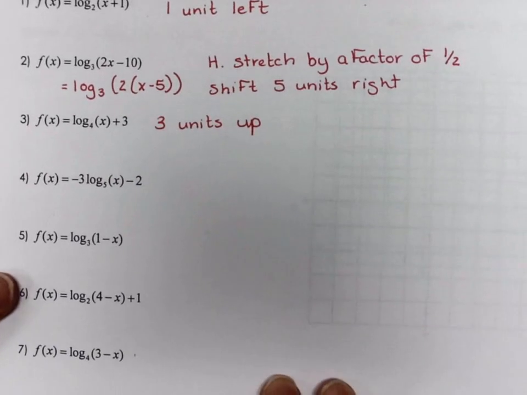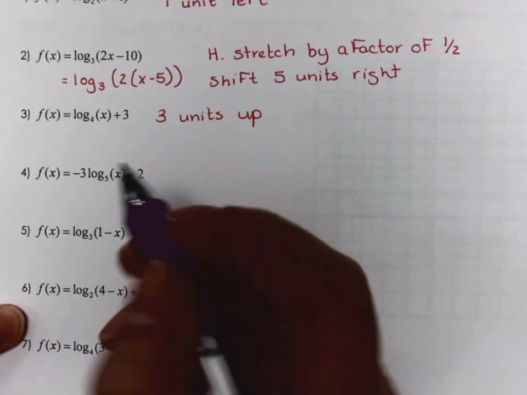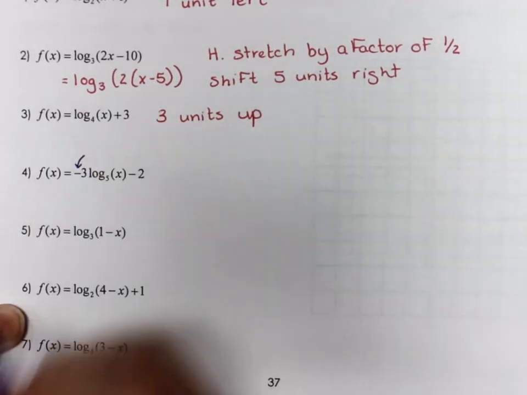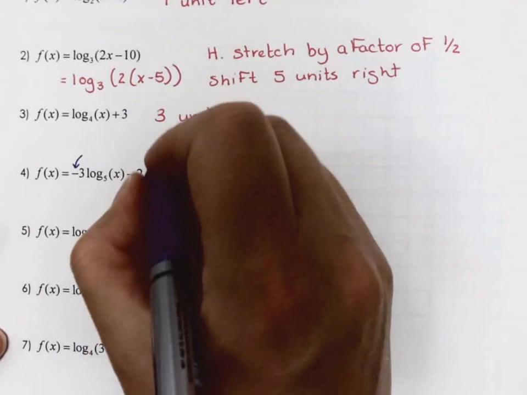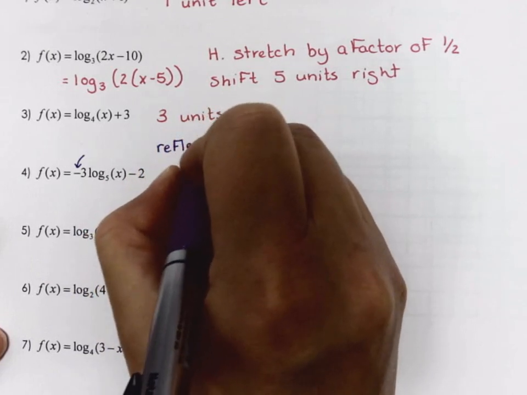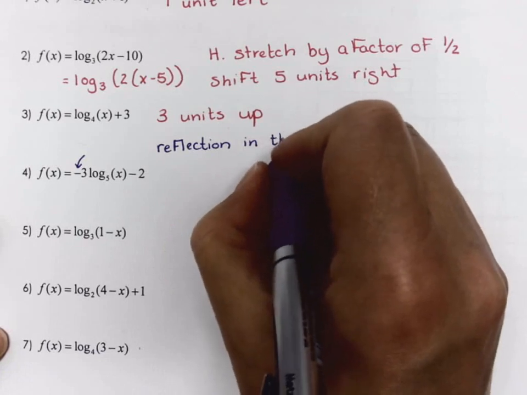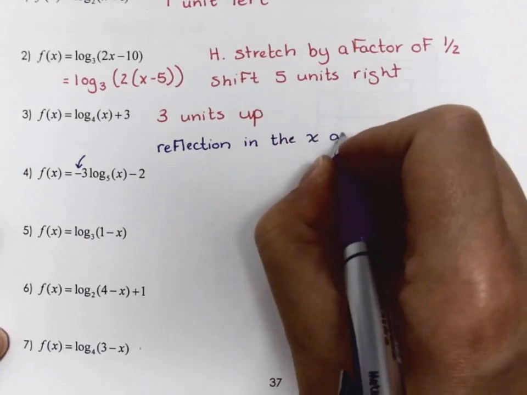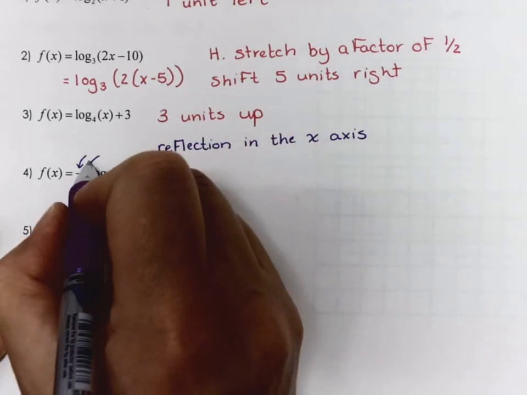Okay, this one has a lot in it. Let's start from the outside and work our way in. What does the negative tell us? Reflection in the x-axis. Kate, what does the 3 tell us?